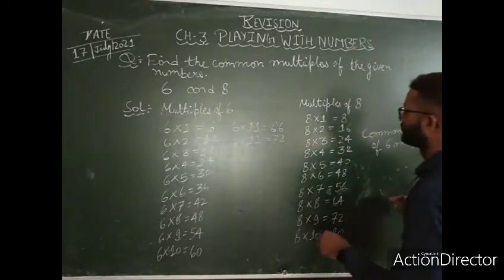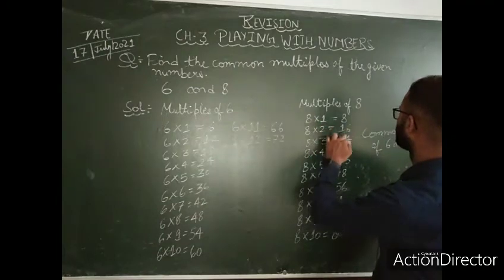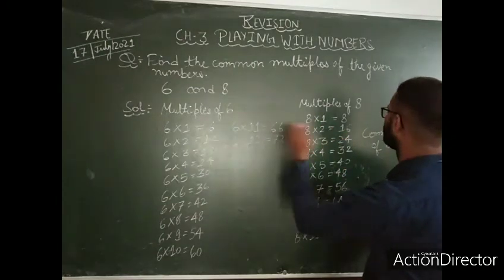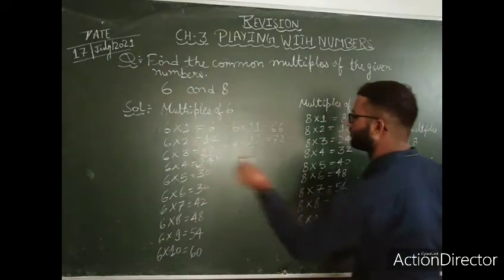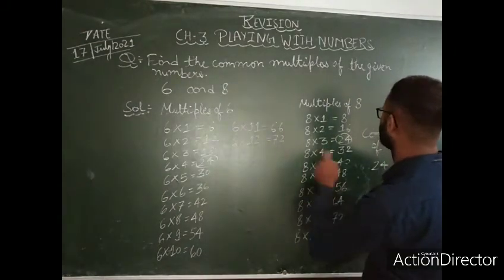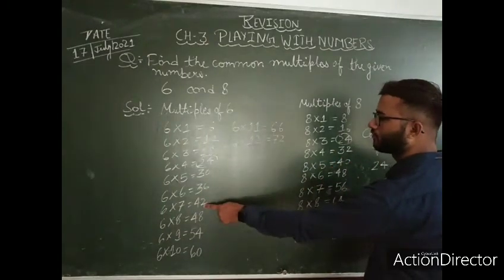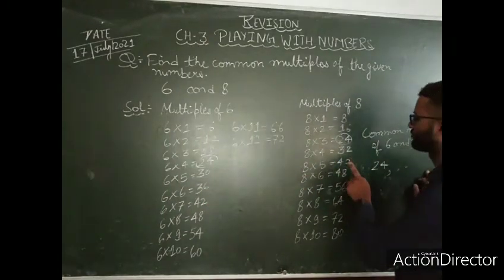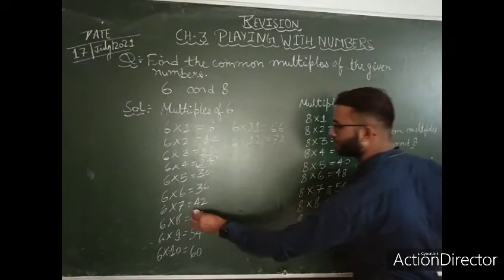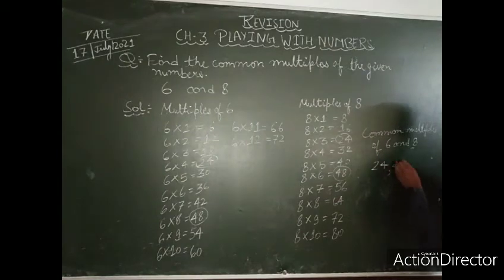So here 6, here 8, 12, 12 is not here, 18, 18 is not here, 24, yes 24. So the first common multiple is 24. Now next 30, 30 is not here, 36, 36 is not here, 42, 42 is not here, 48, yes 48 is here. So here we write 48.